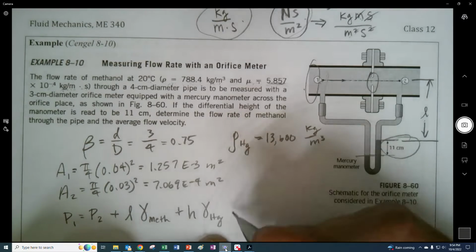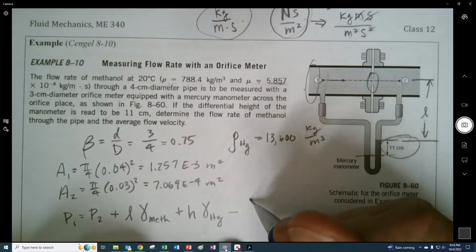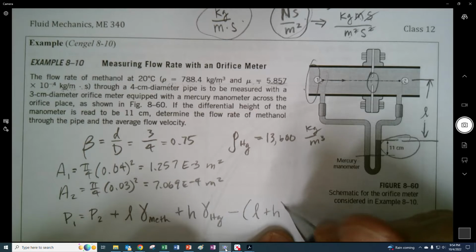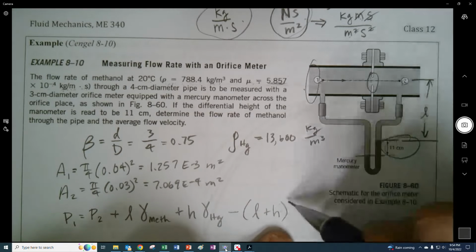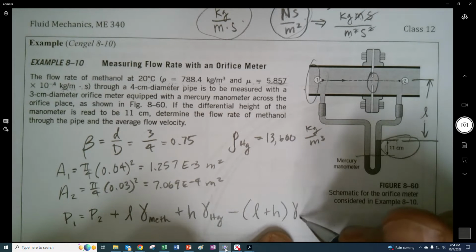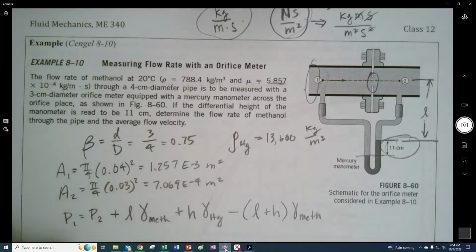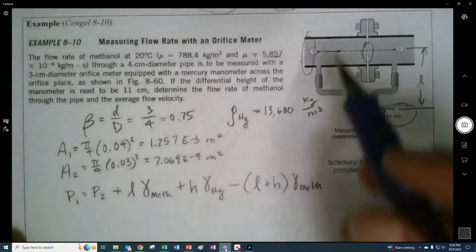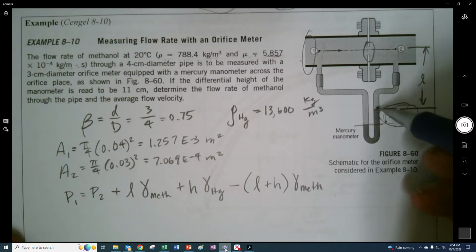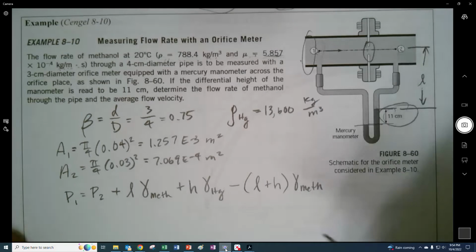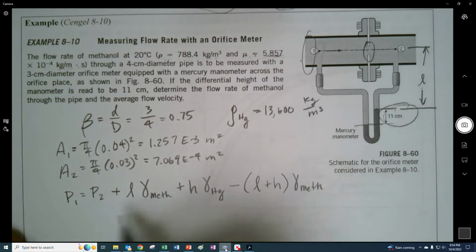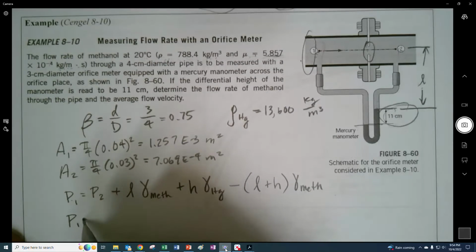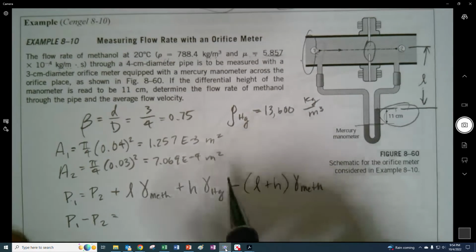So I go minus, and the distance I go is H plus L, back up through the methanol. If I had just said this has to be the pressure difference between here, we would be slightly off, so just be aware. The pressure I really care about is P1 minus P2.